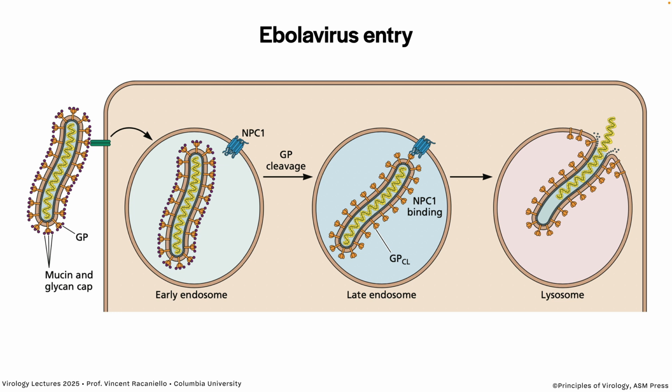So this is a protein involved in cholesterol transport. And in fact, a number of people have genetic defects in the gene, and it's a very serious disease, and they end up not living into their teens. But cells from them were originally shown to be resistant to Ebola virus infection, proving that this was an important receptor for virus entry.